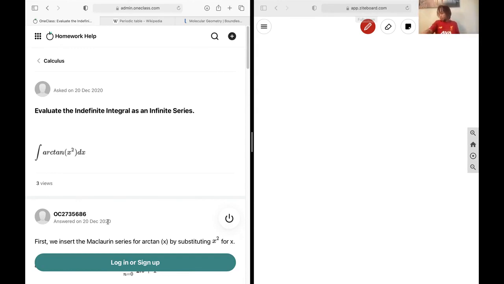So we would like to evaluate the indefinite integral as an infinite series.